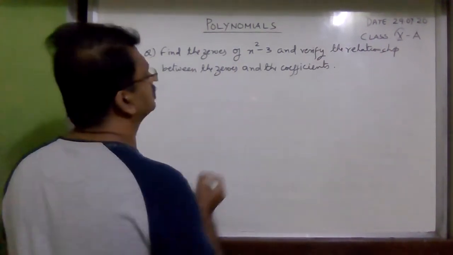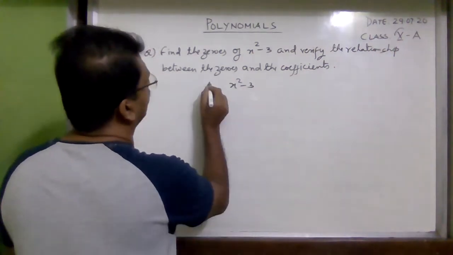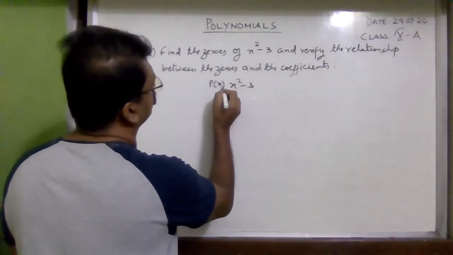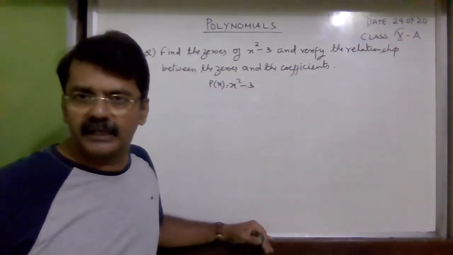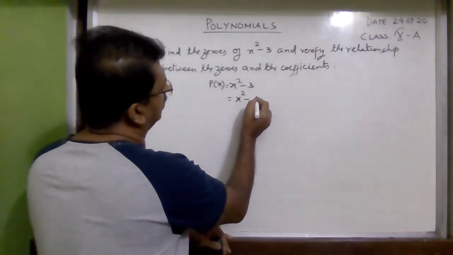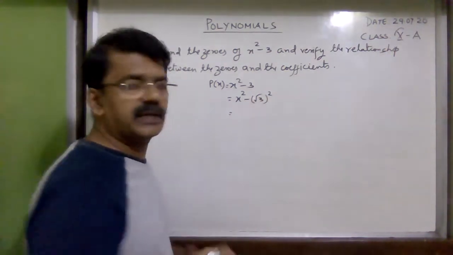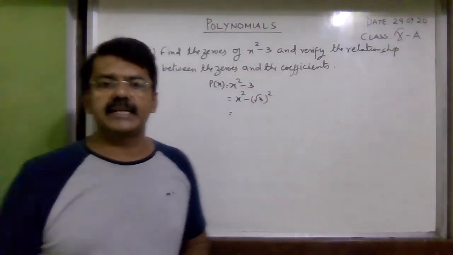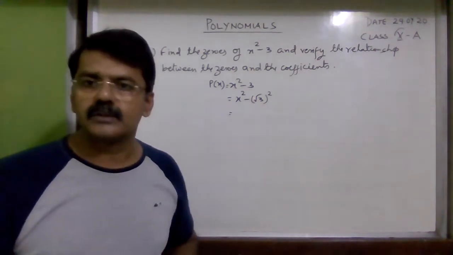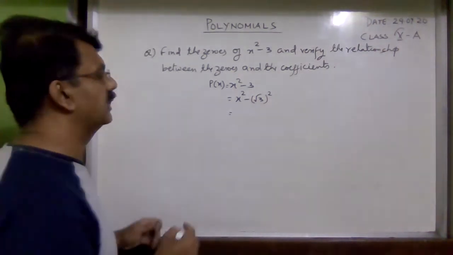Now see, x square minus 3 is the quadratic polynomial. Now you see 3 can be written as root 3 whole square. Now we are going to use the identity a square minus b square. All of you know that a square minus b square is a plus b into a minus b.